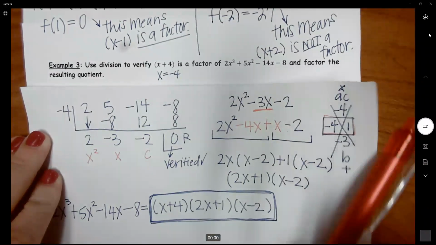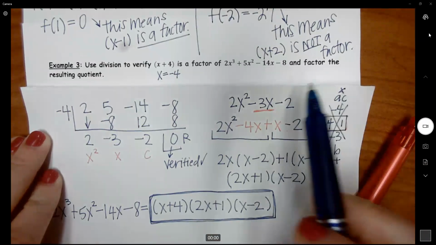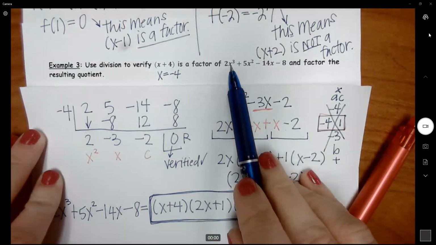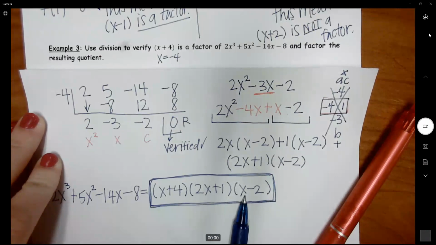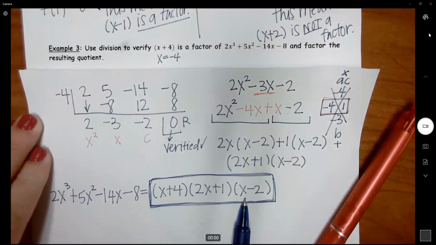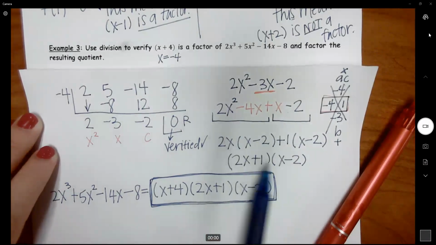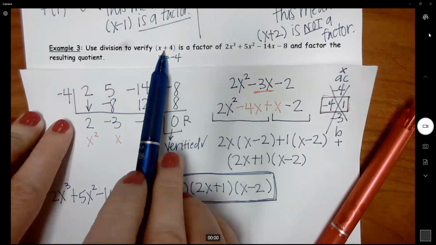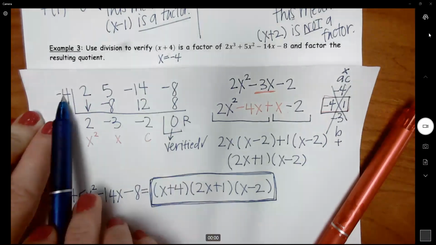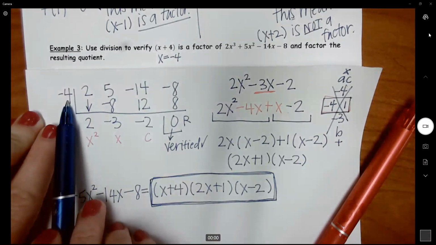So notice here, my highest degree was 3, and I have 1, 2, 3 factors of this polynomial. I found these two by factoring what was left, but I did divide this out of my polynomial.